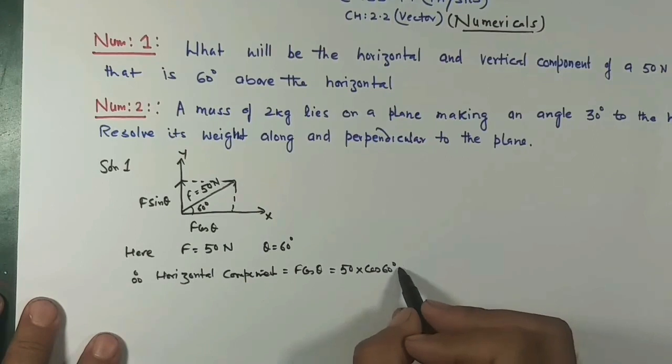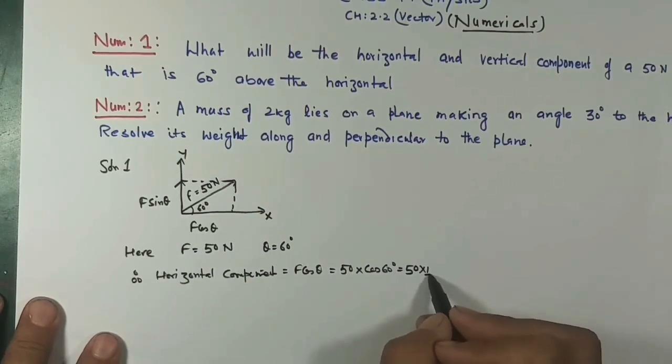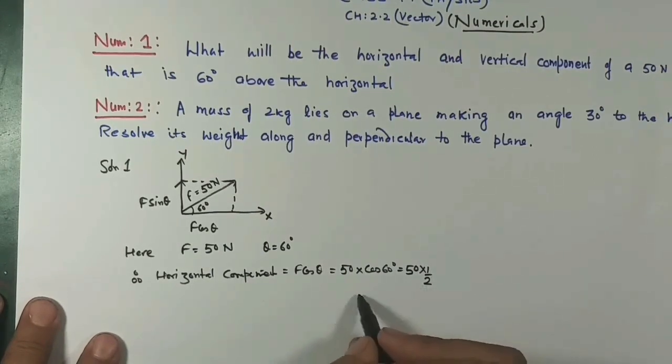Cos 60 is equal to 1 by 2, 50 into 1 by 2 it comes out to be 25 Newtons.